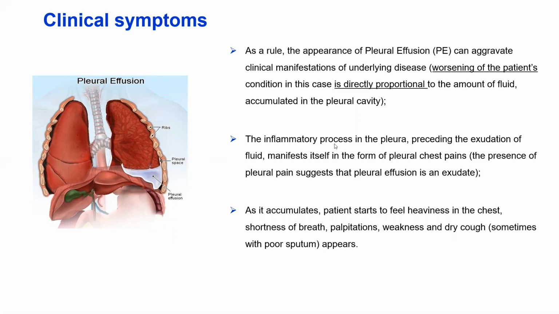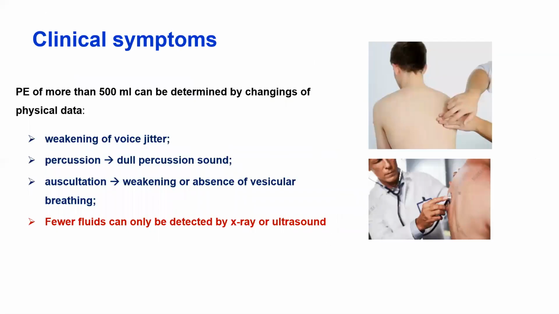The inflammatory process in the pleura preceding the exudation of the fluid manifests itself in the form of pleural chest pain. And as fluid accumulates, patients start to feel heaviness in the chest, shortness of breath, palpitations, weakness, and dry cough, sometimes with poor sputum.